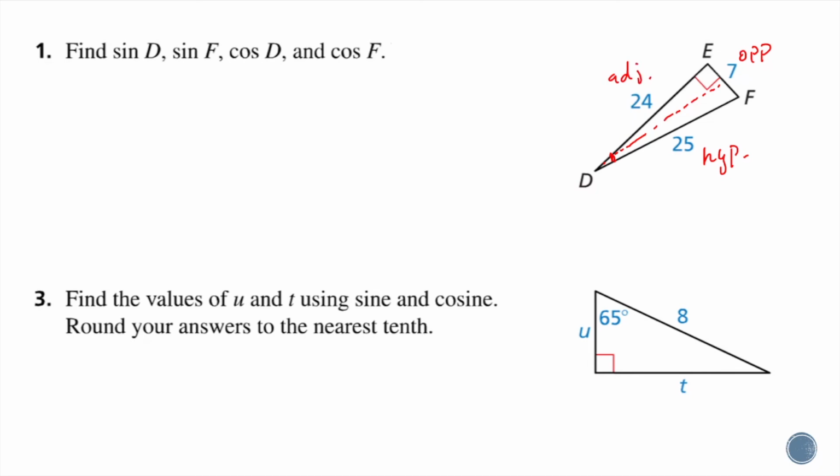So sine of D is equal to the opposite over the hypotenuse. So 7 over 25. SOHCAHTOA.